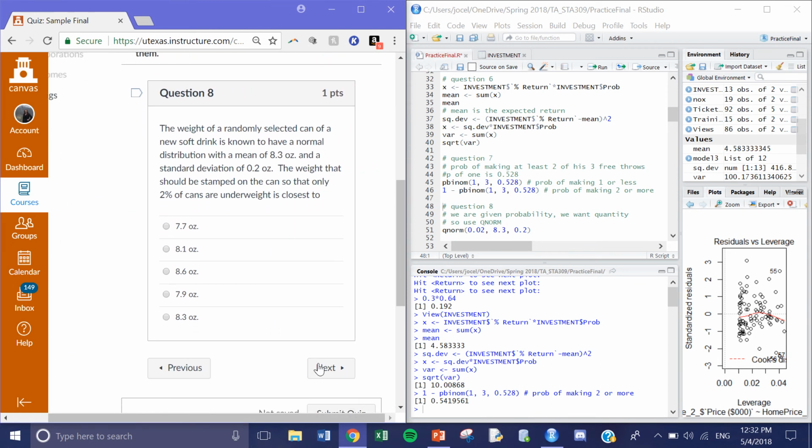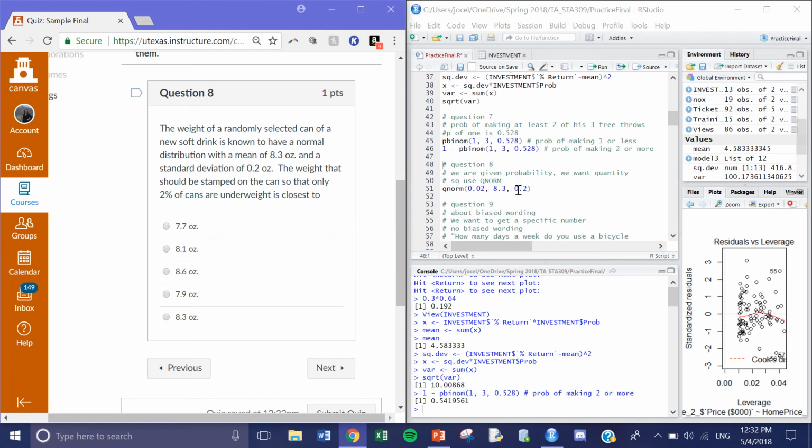Question 8. The weight of a randomly selected can of a new soft drink is known to have a normal distribution with a mean of 8.3 and a standard deviation of 0.2. The weight that should be stamped on the can so that only 2% of cans are underweight is closest to blank. So we are given a probability in this question, and we are asked for the quantity, or the weight.